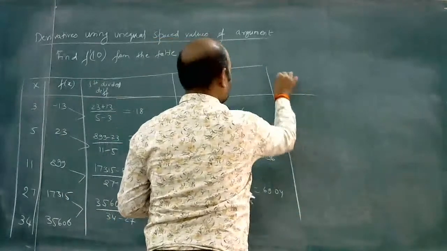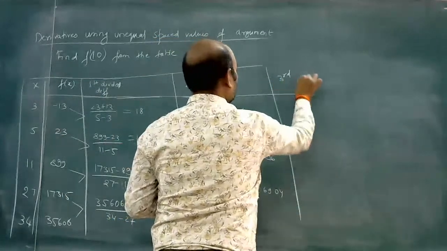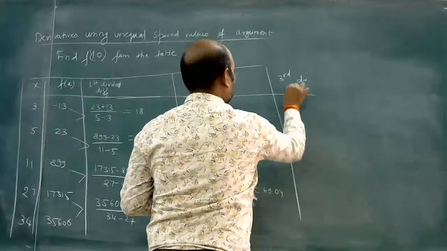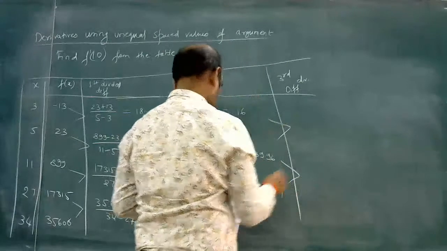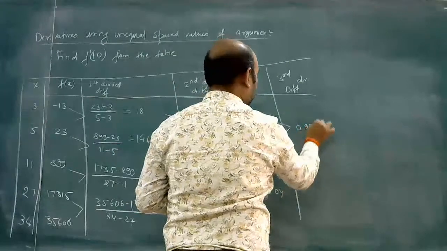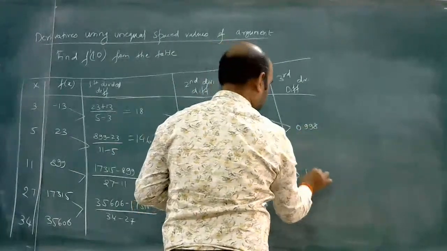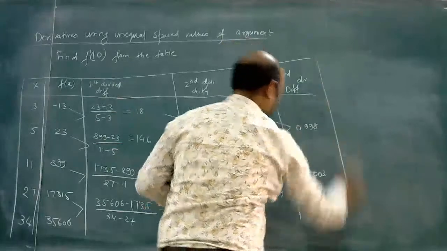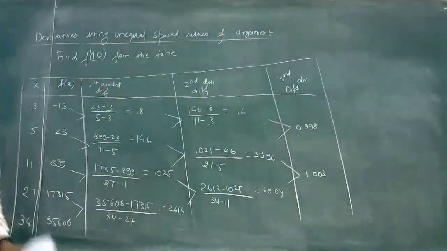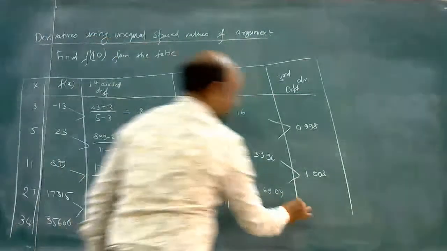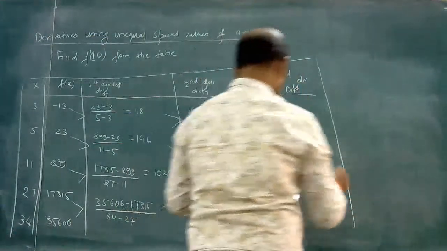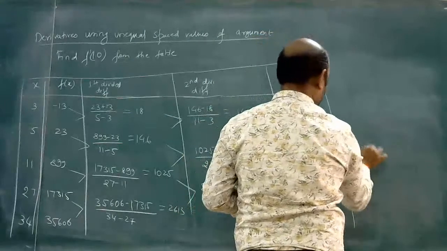Then the third difference. So I am writing the values 0.998 and 1.0. Last, this is very small.